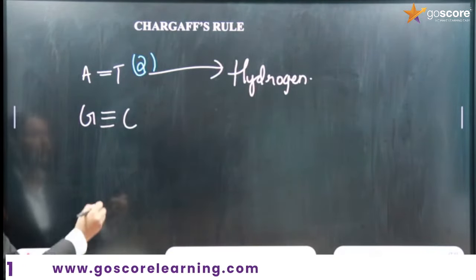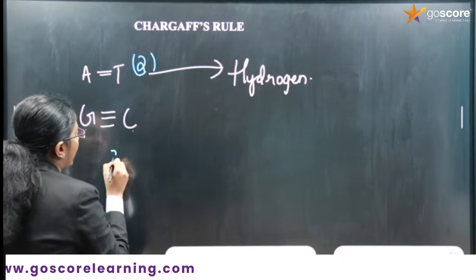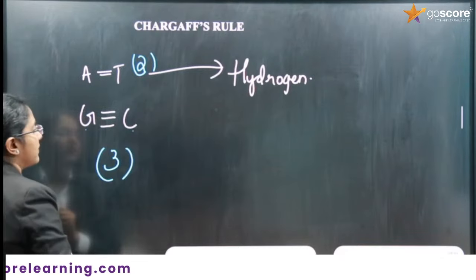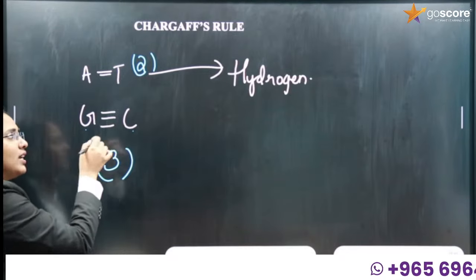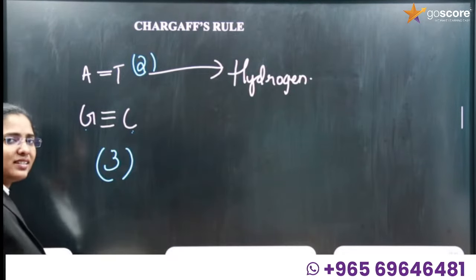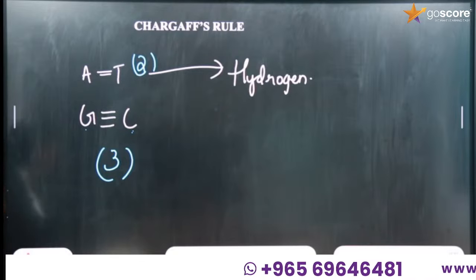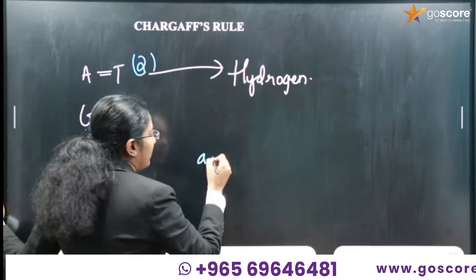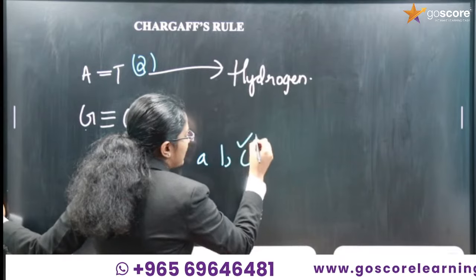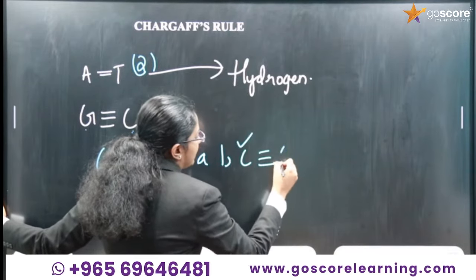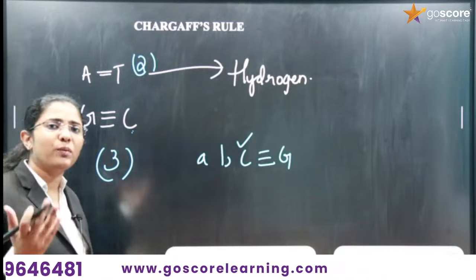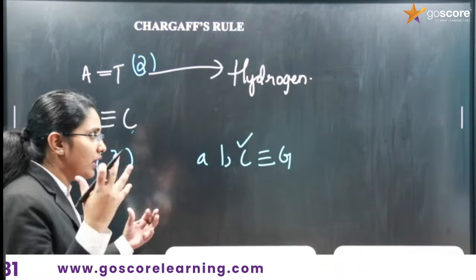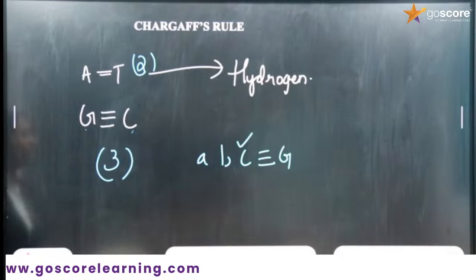If you are considering guanine and cytosine, how many? Three hydrogen bonds are present. A simple technique to remember the number of bonds: C is the third letter in alphabetical order, right? A, B, C. So cytosine will have three bonds with guanine. If you study one, the other you will automatically come to know.